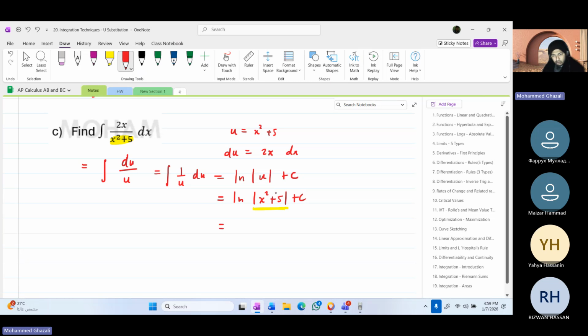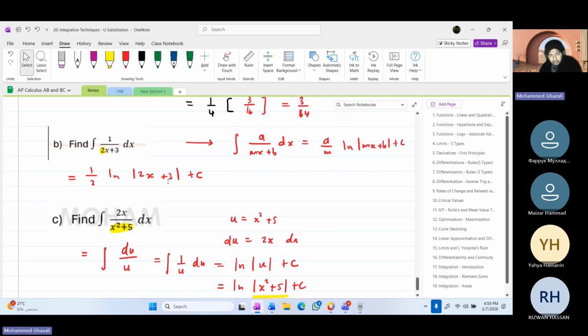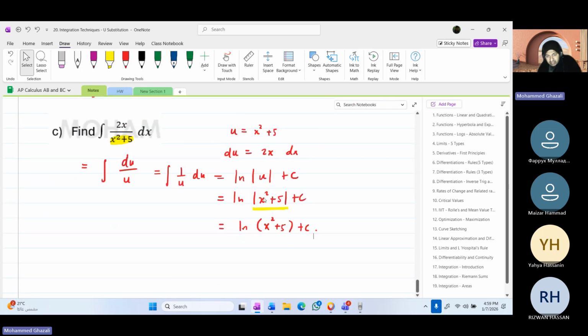You can drop the absolute value now, only if you are sure that it's always positive. Like in the previous examples, I wasn't sure. You see, 2x plus 3 can be positive or negative, right? x can be any number. Over here, if x is any number, x squared plus 5 will always be positive. Then you can drop the absolute value.